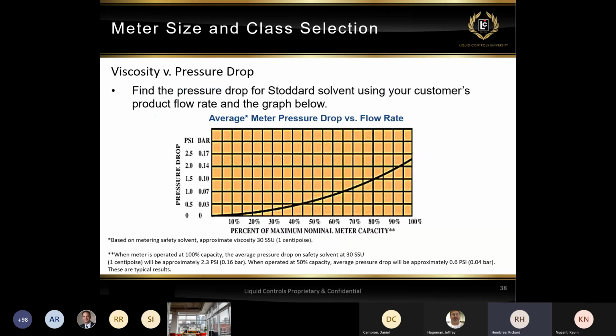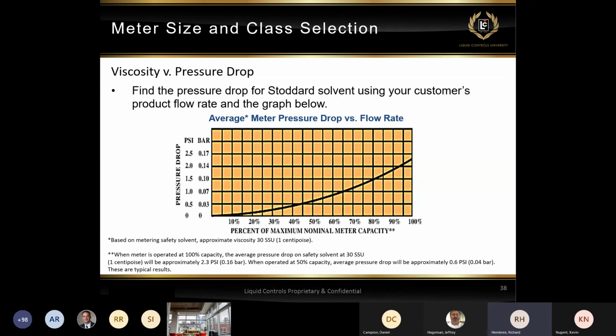This chart shows Stoddard solvent at 30 SSU, 1 centipoise, which is pretty much equivalent to water. At 100%, all the way to the right, if you follow that up, you can see a 2.3 psi pressure drop across the meter.